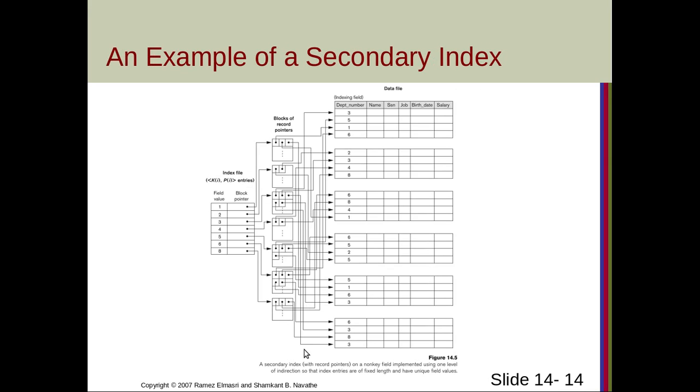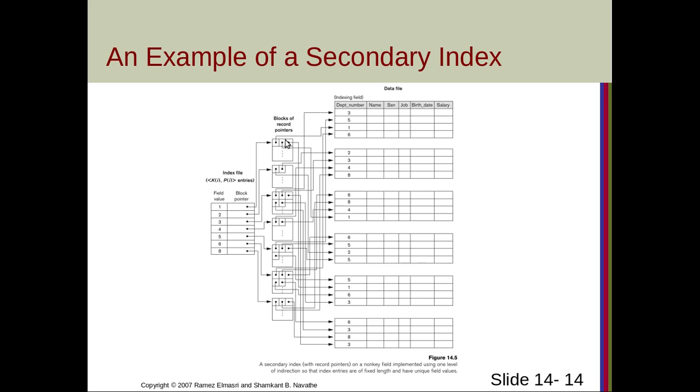Now this is another way of secondary level indexes. Here, initially you have a non-ordering key value. The field value here is 1, suppose that it is department number. It is a non-ordering key value, and that is pointing to a block of record pointers.